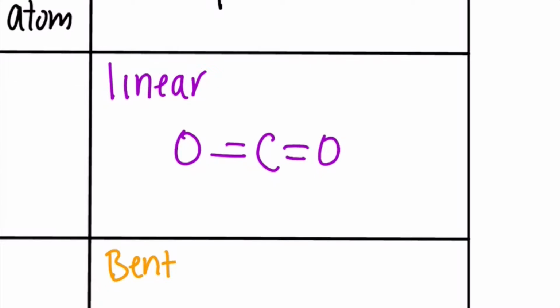The shape is linear because of electron repulsion. Electrons are highly negative, like the electrons here I have on oxygen, and the electrons that I have in the bonds are highly negative. Repulsive forces increase potential energy, and molecules will move into shapes that lower the potential energy, that will put them in the lowest energy state.